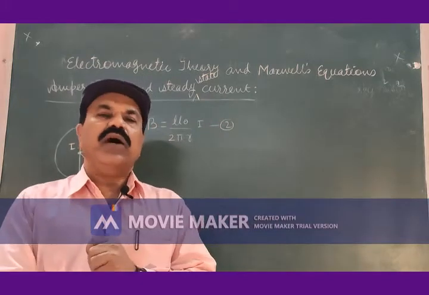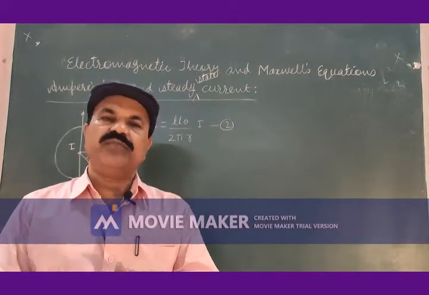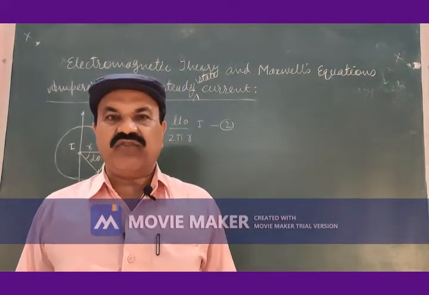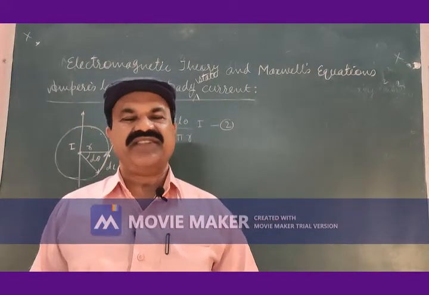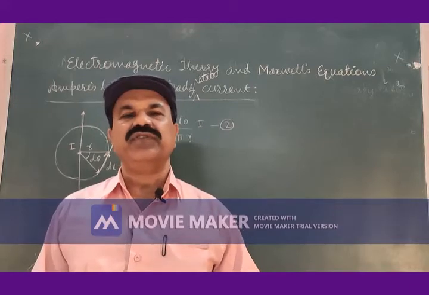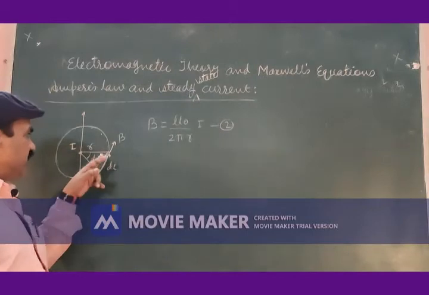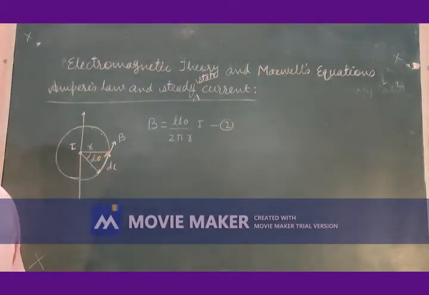Therefore, all the radial components will cancel each other, and what is left? Only the tangential components of the magnetic induction will be left. So at every point we have a tangential component of the magnetic induction B.